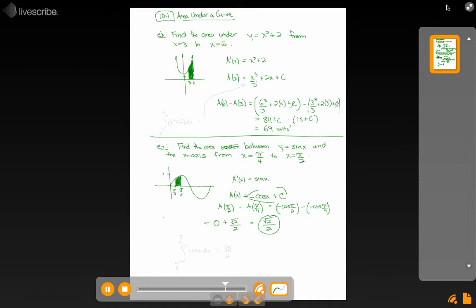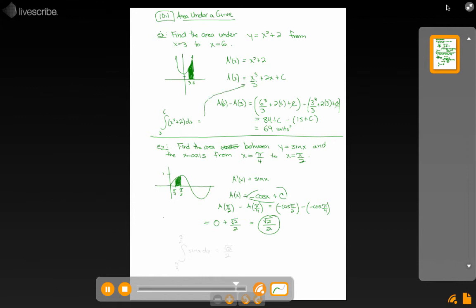Just to introduce to you the different notation, I introduced it in the last example, but for the question at the top, another way of asking this would be to say the integral from 3 to 6 of x squared plus 2 dx, and I would do basically this exact same work that I did here. Find the antiderivative and then substitute in the number.